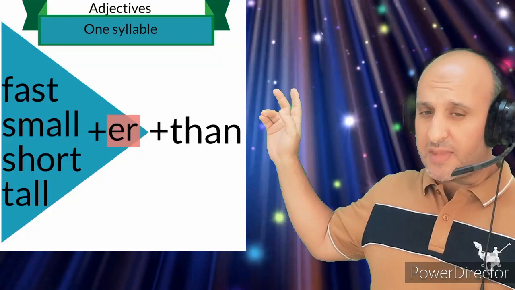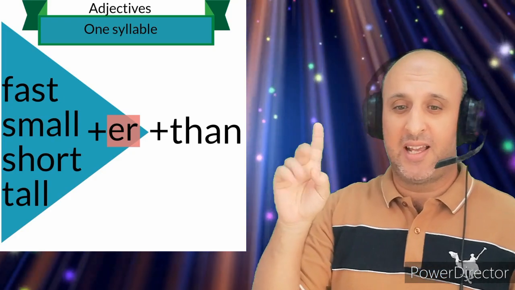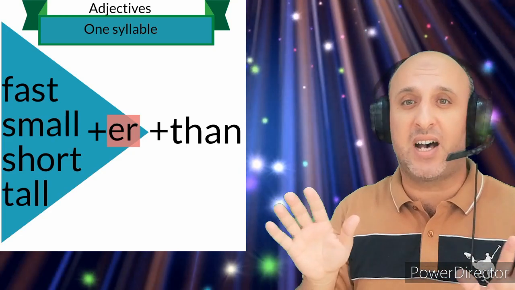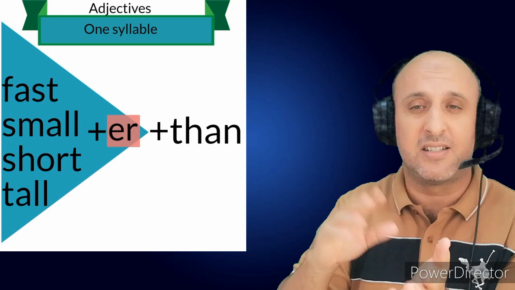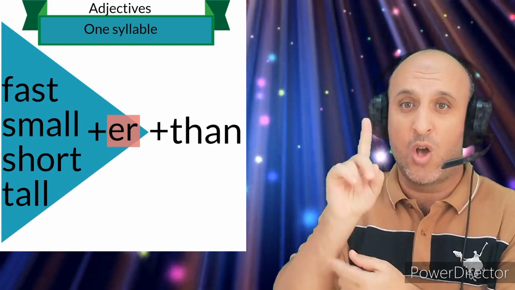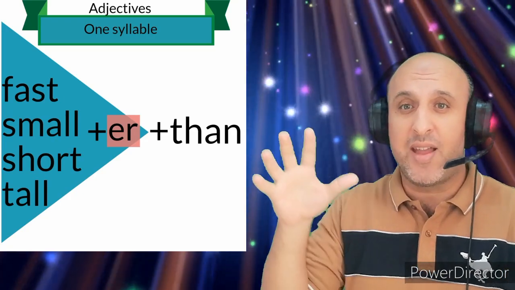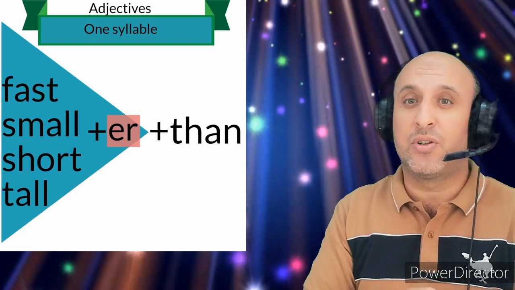So let's deduce the first rule. Here we have the adjective consisting of only one syllable. Syllable means a sound that we can divide. For example, fast. Here we can't say f-st. So only one sound. So this is called a syllable. So the adjective consists of only one syllable. They are grouped together and we can deduce a rule for them.